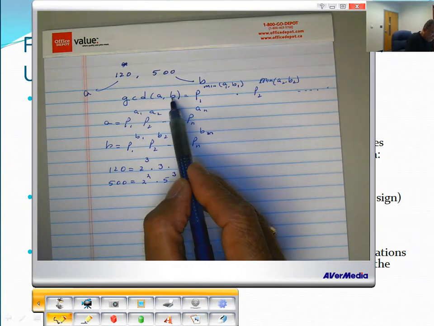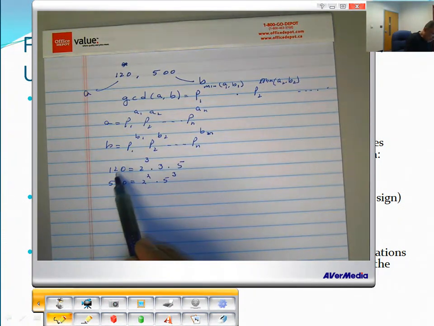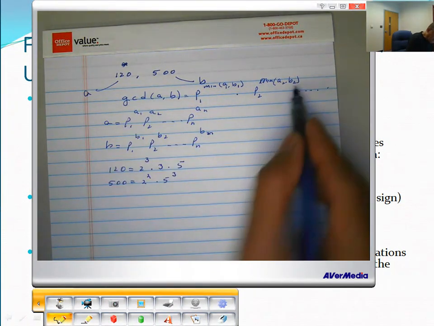Now I want to find out the greatest common divisor of 120 and 500. And I apply this formula.